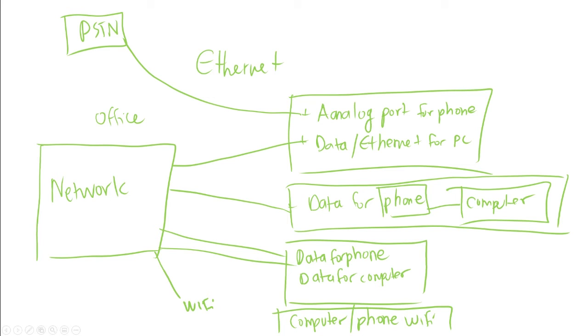So when you think about it, this might be Cat 3, and this is Cat 5e or Cat 6. Now, if you upgrade from an analog phone to a digital phone, so an IP phone, this wiring will be useless.